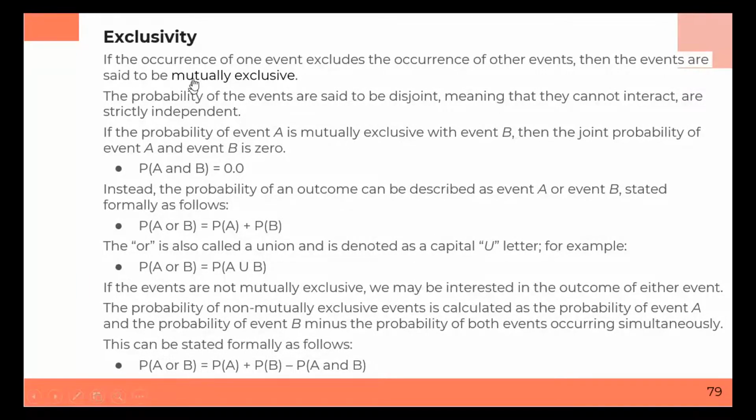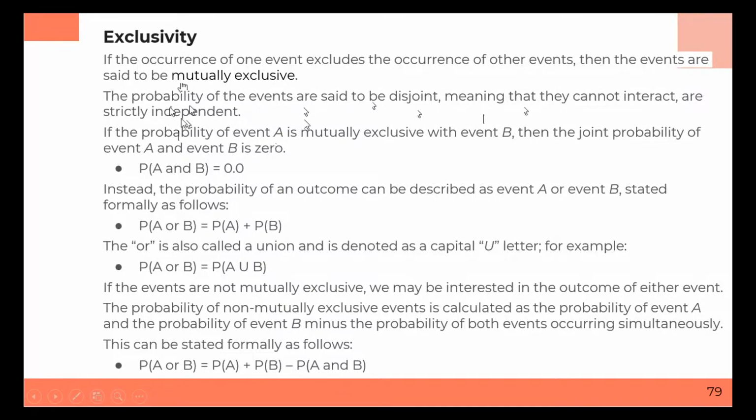The probability of events are said to be disjoint, meaning that they cannot interact, are strictly independent. Whichever events are disjoint, they do not interact.